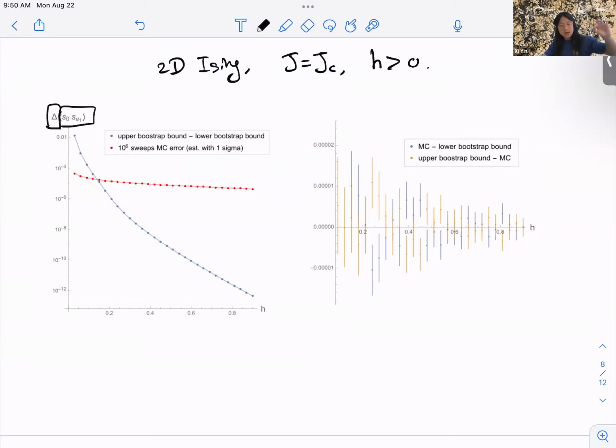We just want to see how tight the bound is. And you can see again that it tightens dramatically as you increase H. While at the critical point it's a bit weaker, as you increase H, it quickly tightens and very soon becomes far better than the result attainable with Monte Carlo methods, at least the standard Monte Carlo algorithm, which is not very sensitive to H.